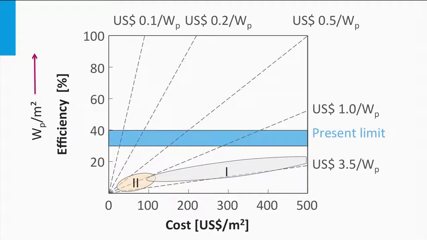The blue area represents the so-called Shockley-Queisser limit, which will be introduced in week 3. Given the shape of our solar spectrum and the band gap of the materials used, the Shockley-Queisser limit tells us the theoretical maximum conversion efficiency of the solar cell.